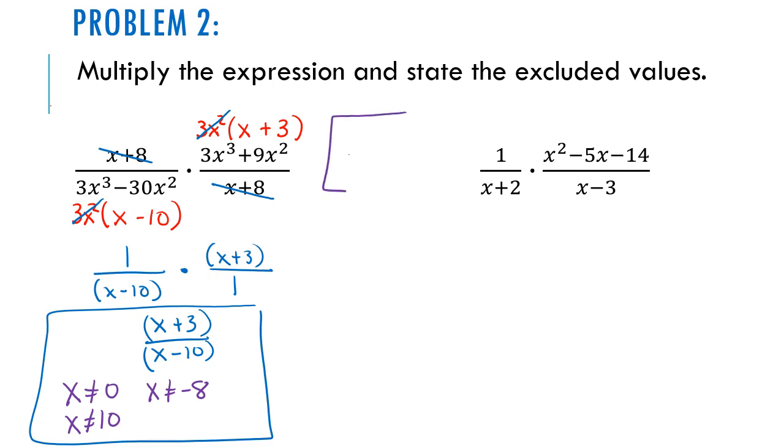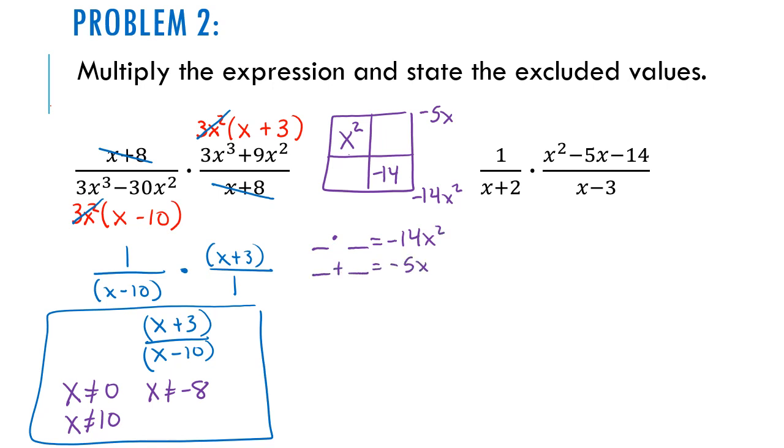So if I'm going to draw a box, say over here, I'm going to have my x squared, my negative 14, my negative 5x. X squared times negative 14 is negative 14x squared. I need to figure out 2 numbers that multiply to be the negative 14x squared, but those same 2 numbers will combine to get you negative 5x.